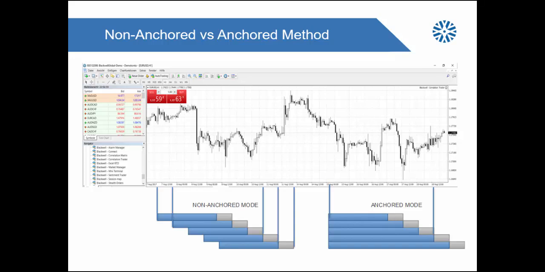That gives you a good understanding of how that optimized set of parameters is working in a very short time frame in the more recent past. And then you can do the same thing again, as you see in this non-anchored mode that I highlighted for you below the chart.